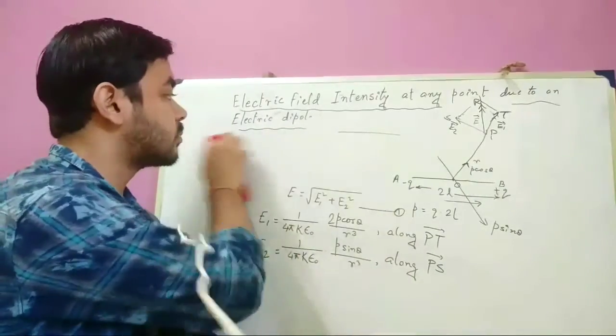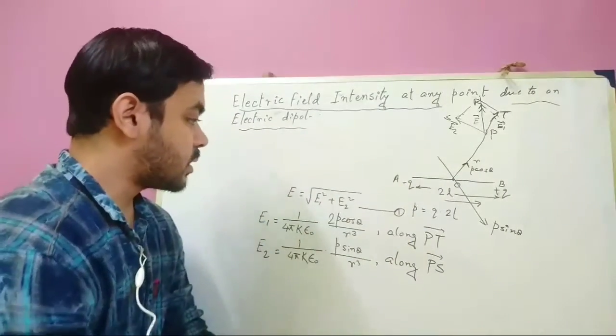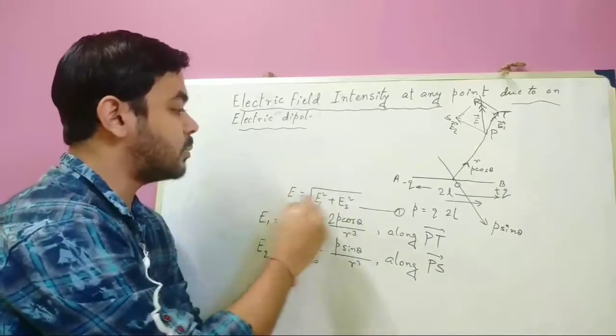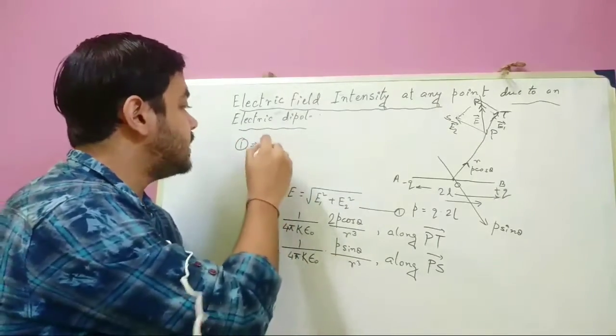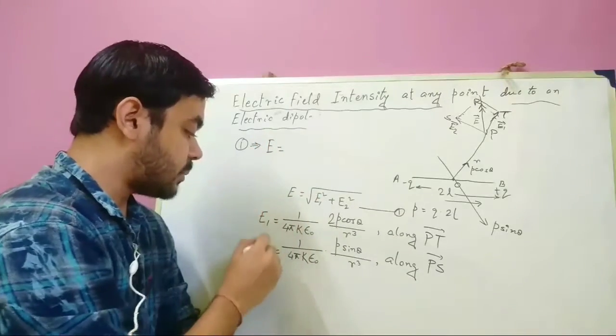Now from equation 1, we can write E is equal to root under E1 square plus E2 square.